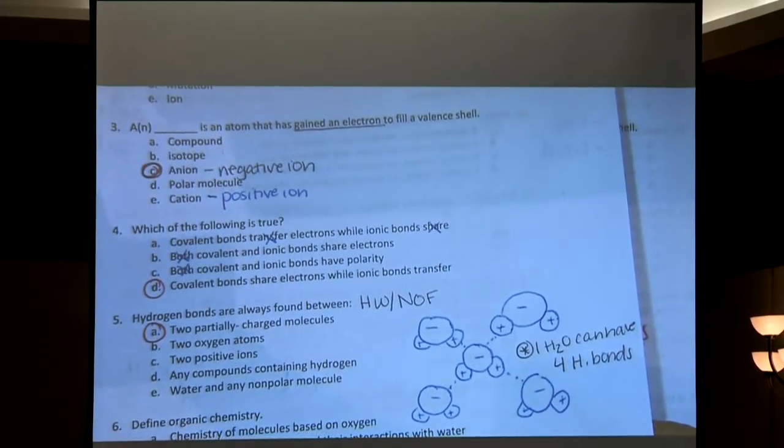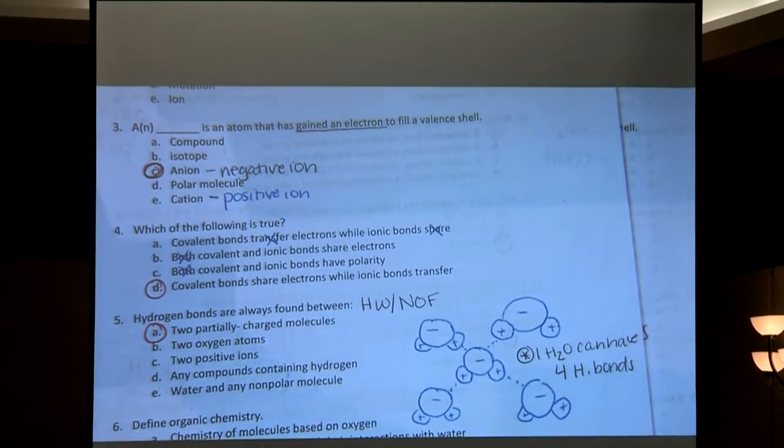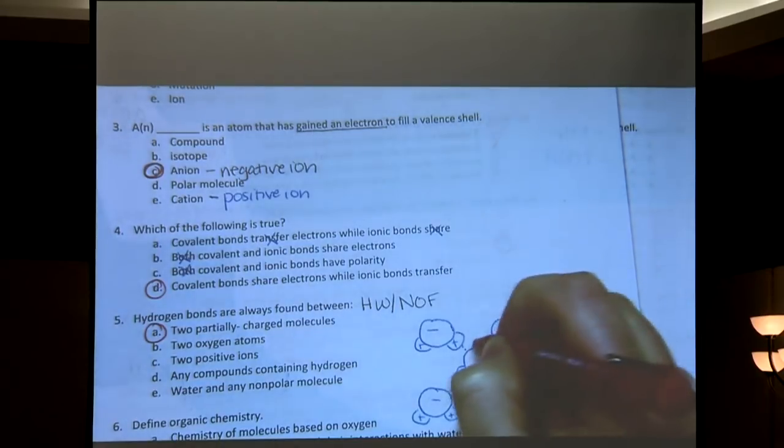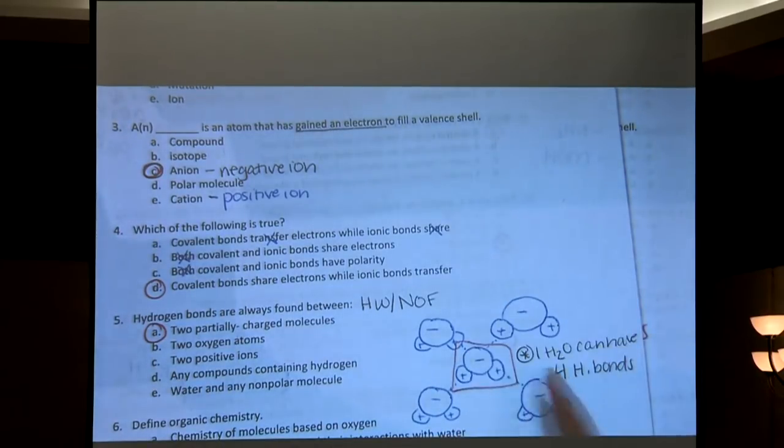If we were to draw out water, looking at the central one, it will bond negative to positive. In the case of a water molecule, we should have 4 hydrogen bonds occurring for one water molecule.